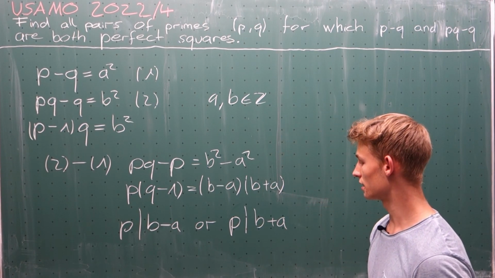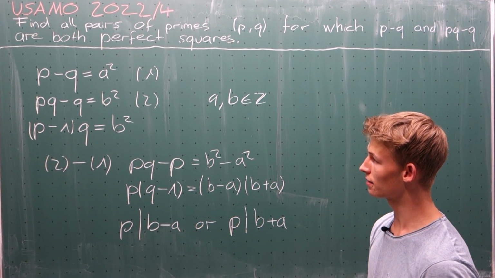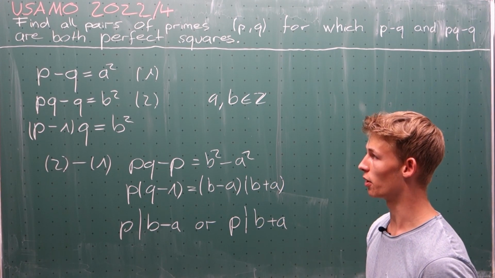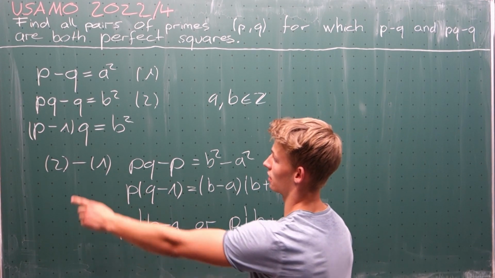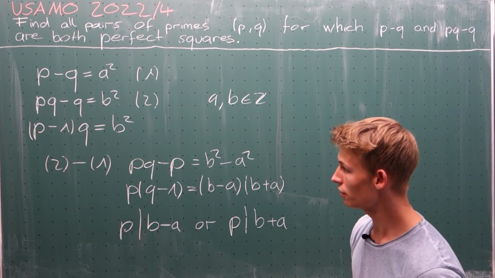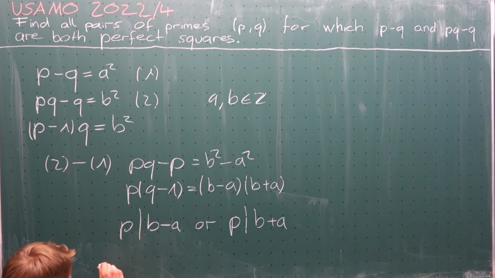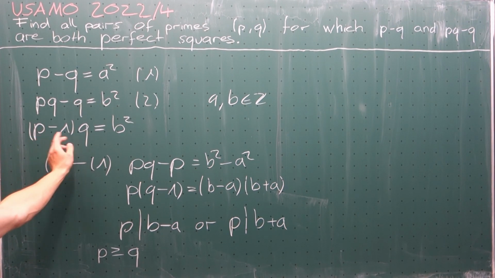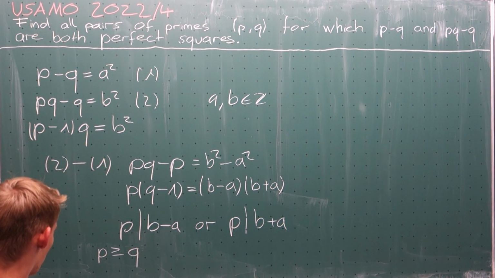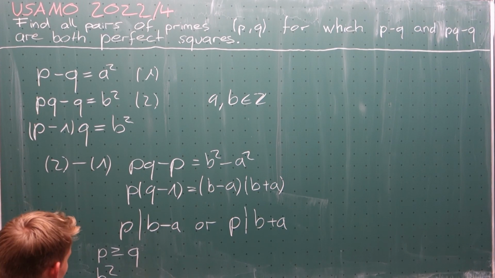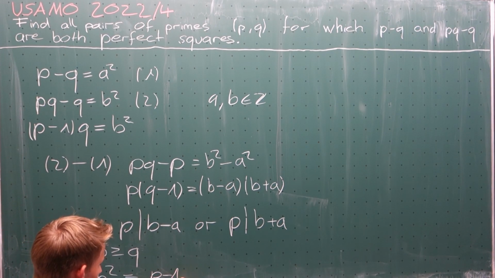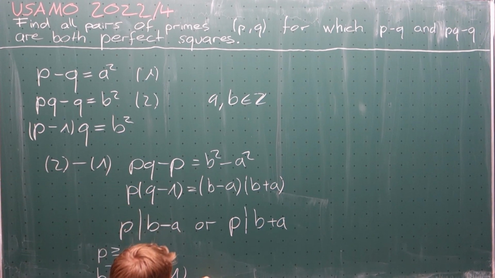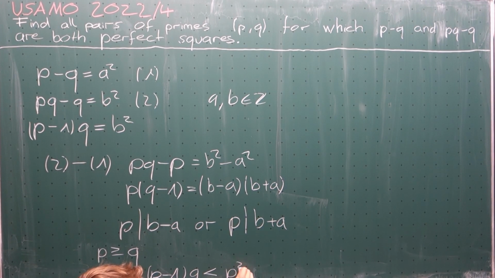Now it would be nice if we can eliminate one of these cases, and therefore it's a good idea to do some bounding. At first, notice that since a squared is not negative, we know that p is greater than or equal to 2. And now, if we have a look at this equation, we get that b squared is equal to p minus 1 times q, and this is strictly less than p squared.